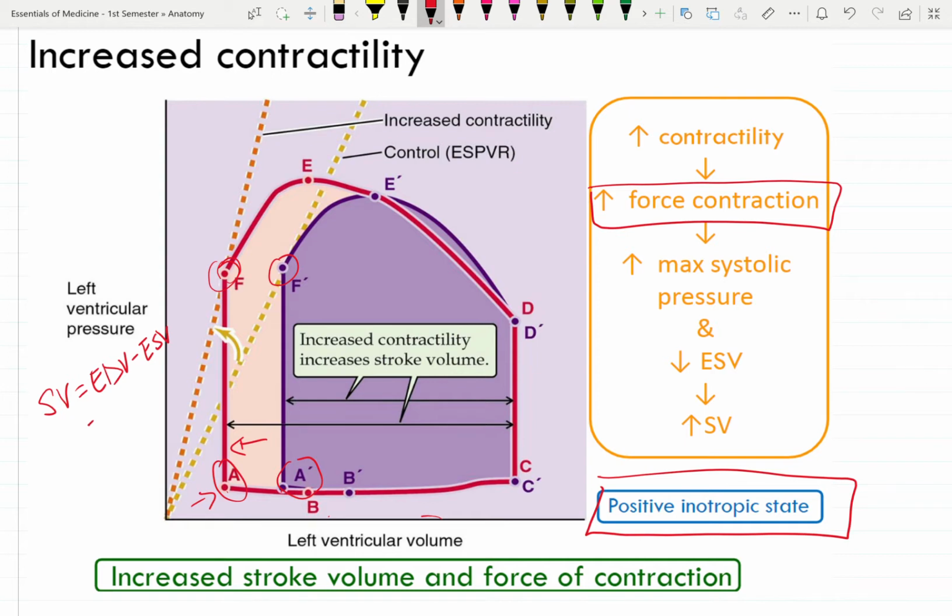And so if you see a decrease in end systolic volume, it will represent an increase in stroke volume, because the difference is going to be greater. All right, and that's all it is. So you're going to see an increase in stroke volume as well as force of contraction when there's an increase in contractility.